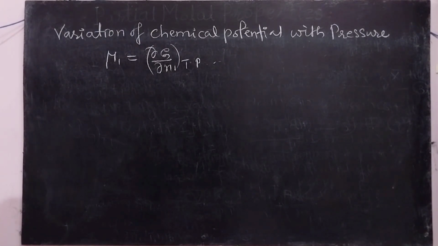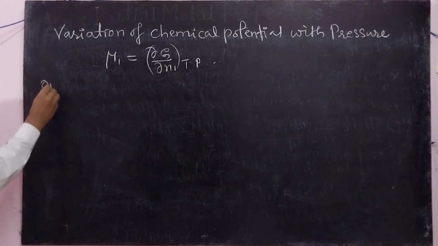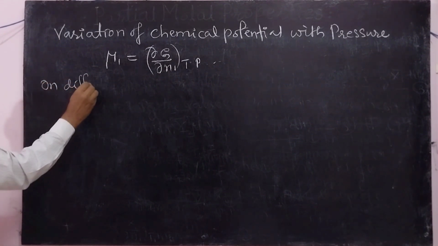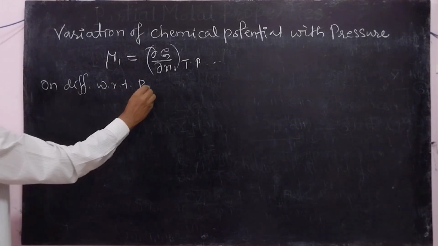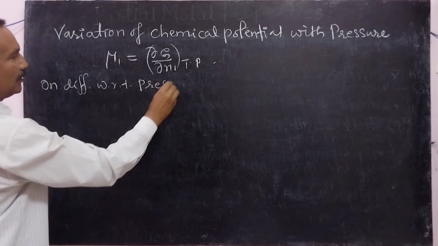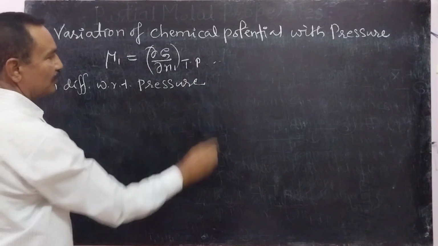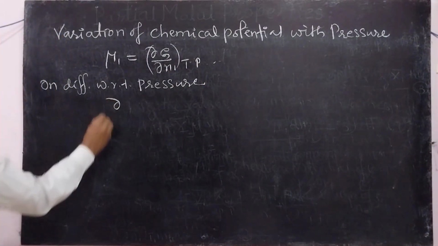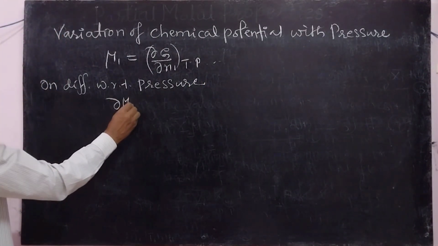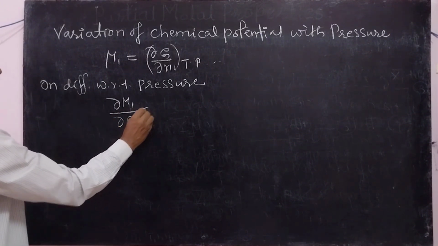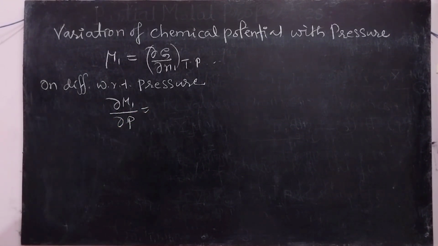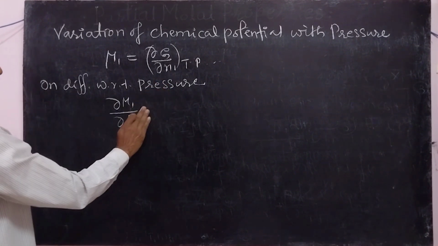Okay, on differentiation with respect to pressure, what we get is dou mu1 divided by dou P at constant temperature.